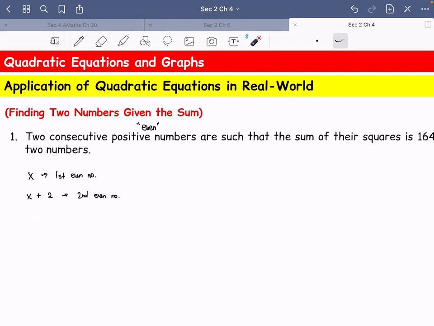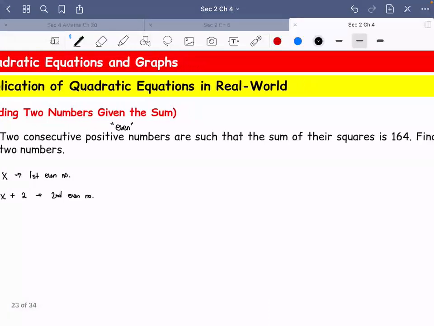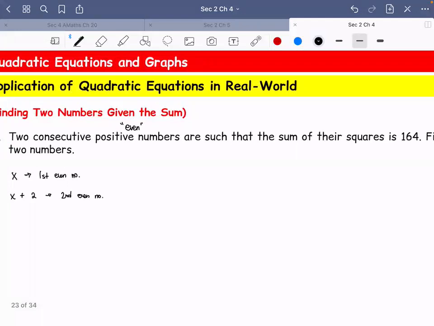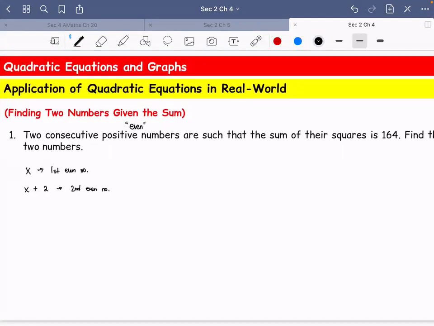Now let's write our equation. The sum of their squares is 164, so we need to square both of the numbers. It becomes X squared plus (X plus 2) squared equals 164.